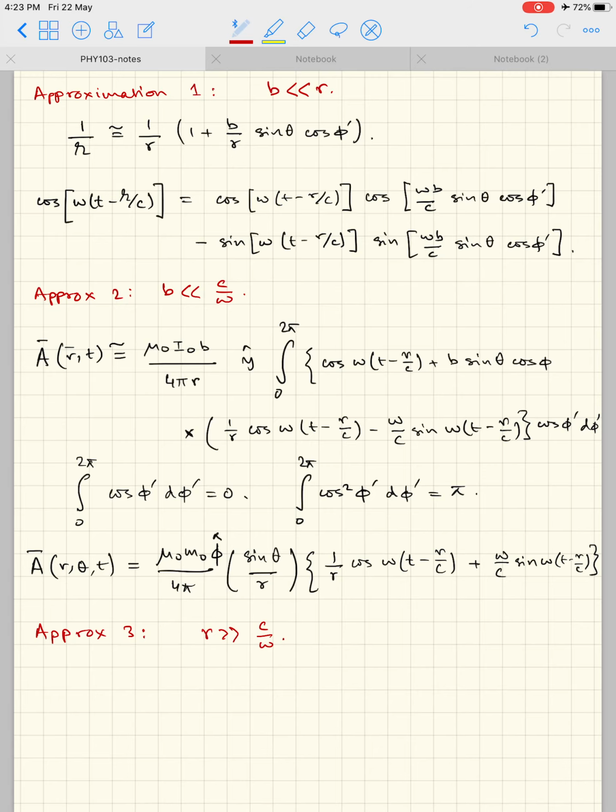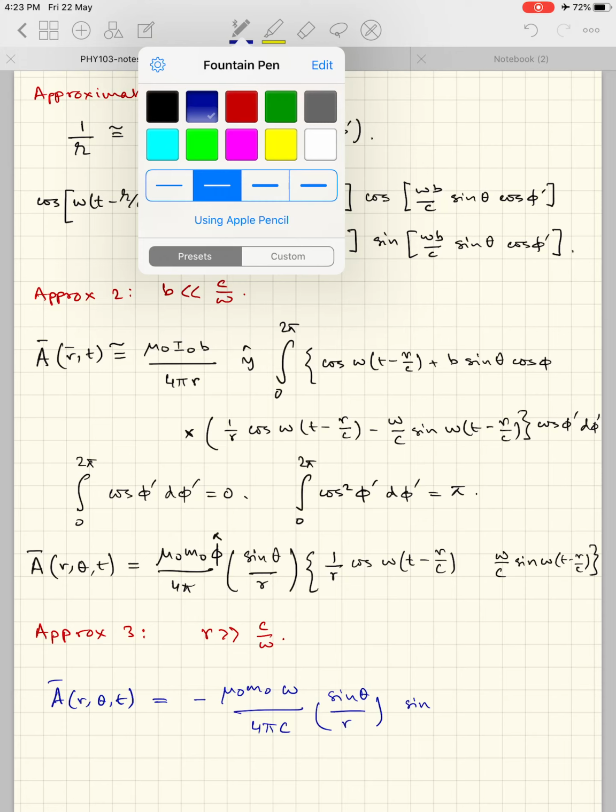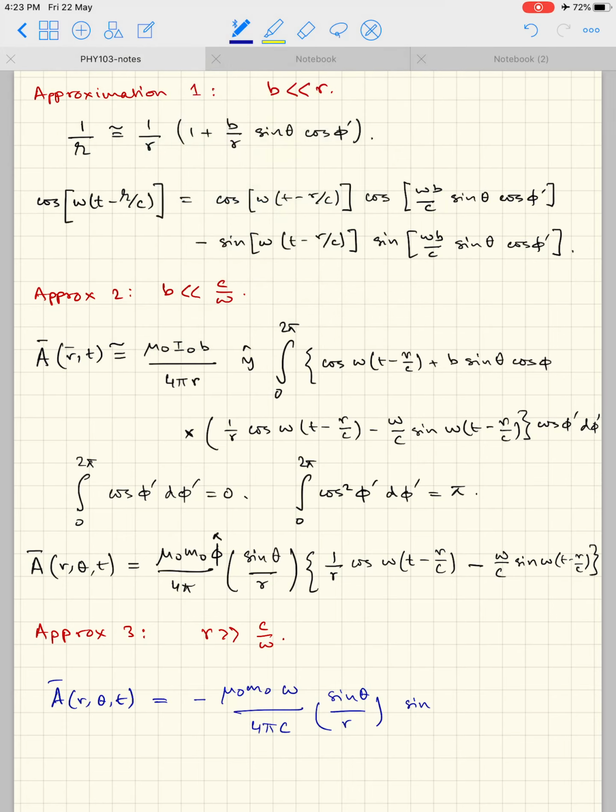And when we do this, we get an expression for A(r, theta, t), which is equal to minus mu naught m naught omega by 4 pi c, sine theta over r, into sine of, I've made a sign mistake here, this is a minus, very good, sine of omega t minus r over c, phi cap.